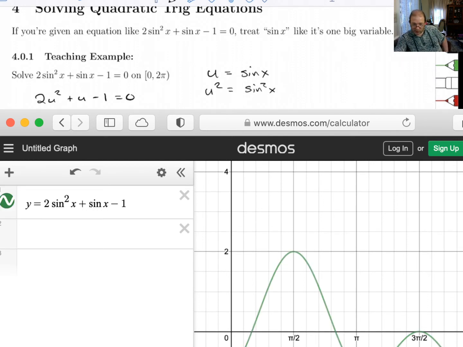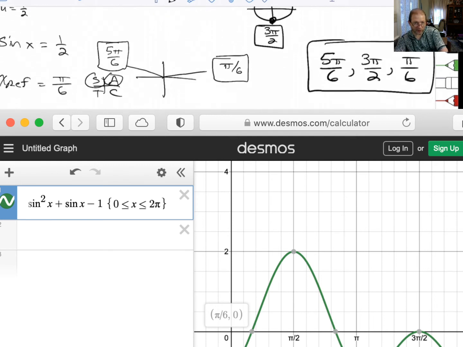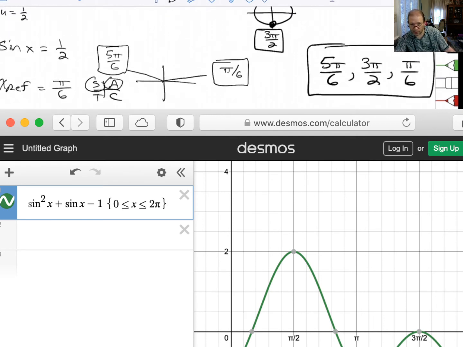And if we're looking between 0 and 2 pi, we're looking for the places where this equation is equal to 0. And it happens right here at pi over 6, again here at 5 pi over 6, and again over here at 3 pi over 2. So it checks out. We're good.